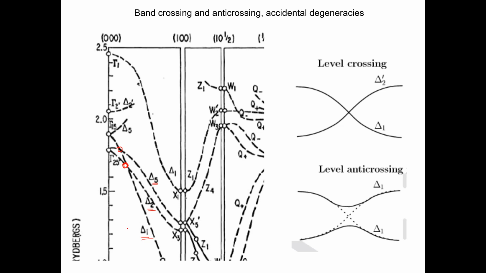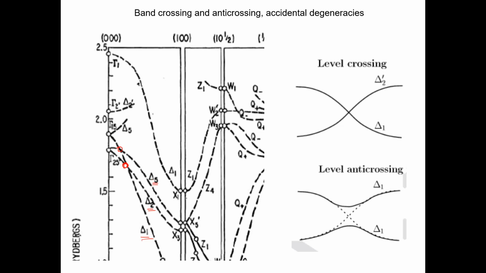And most of the time, we have said that degeneracies happen whenever you have higher dimensional representations, right? But in this case, you see, for instance, delta 1 and delta 5. Delta 1 is a 1D representation, delta 5 is 2D.